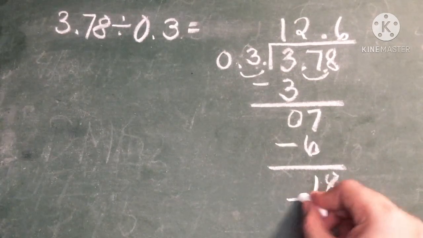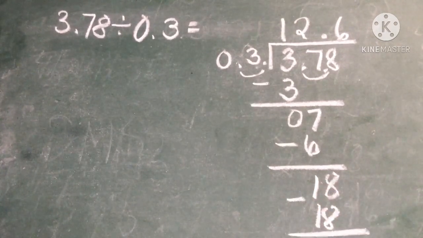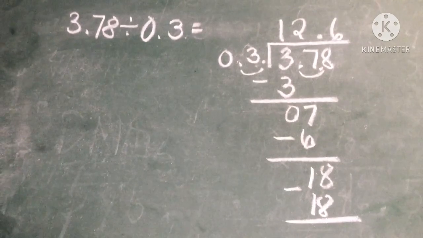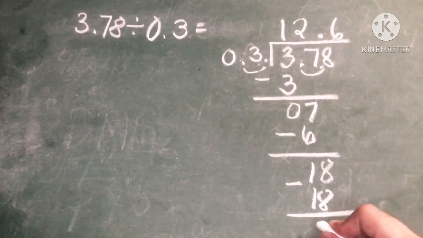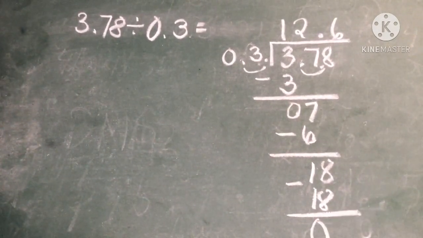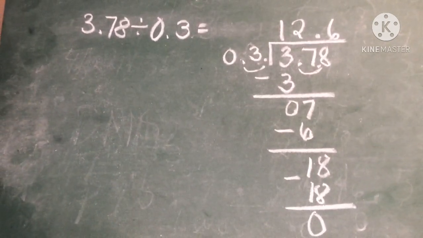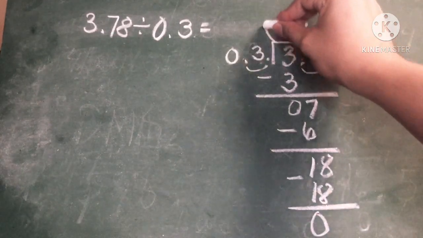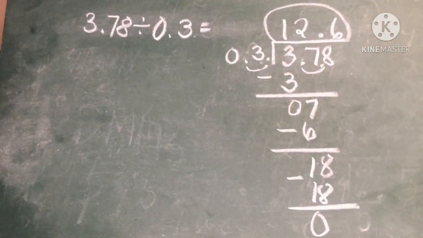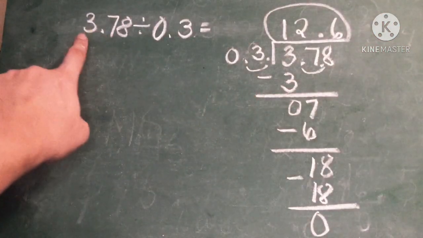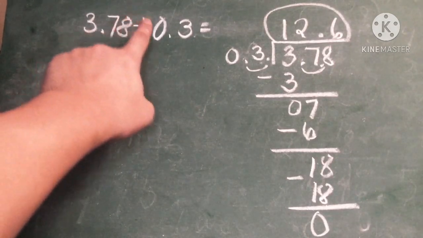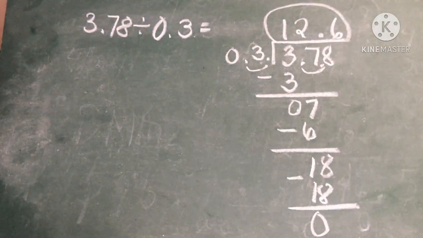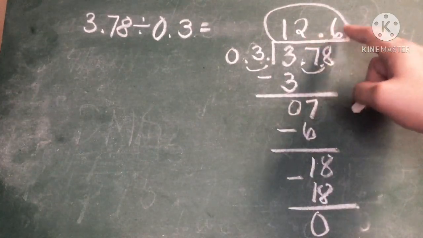Then, subtract. 18 minus 18 is equal to 0. So, our quotient is 12 and 6 tenths. So, 3 and 78 hundredths divided by 3 tenths is equal to 12 and 6 tenths.